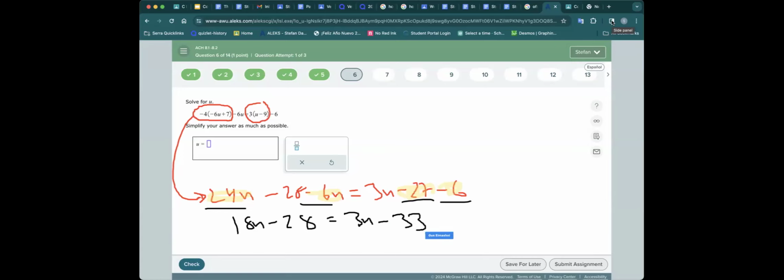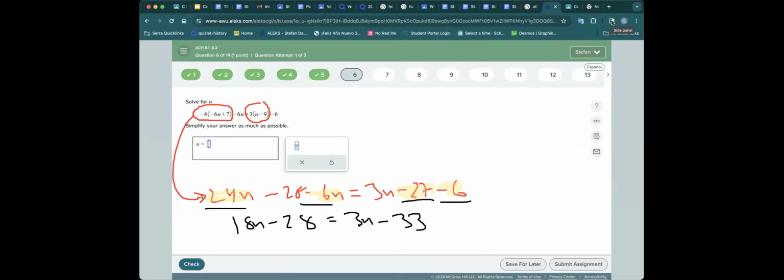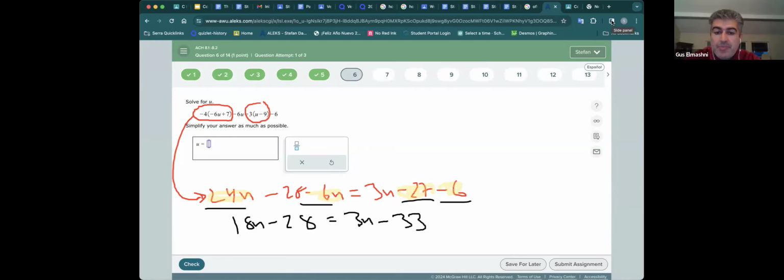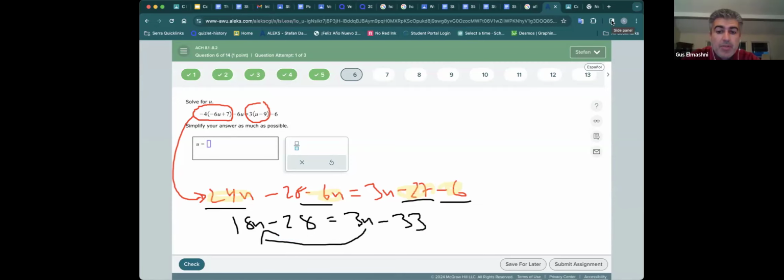Okay. And then you just have to solve at this point. So you continue combining the letters and the numbers. So how would you solve this equation? I don't get it. Wait, what? Solve. Oh, you gotta move this over here. So that'll be 15u because you're subtracting 3u. 15, yeah.